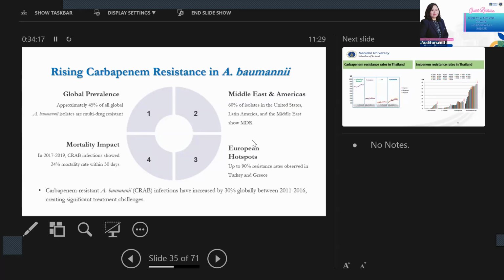I leave out Asia because you can think how many percent. In Asia, I would say it's a hotspot for Acinetobacter resistance. And when it becomes MDR, we usually use a carbapenem drug to treat it. And then, of course, you can guess, later on we got CRAB here, carbapenem-resistant Acinetobacter baumannii. And we get more and more.